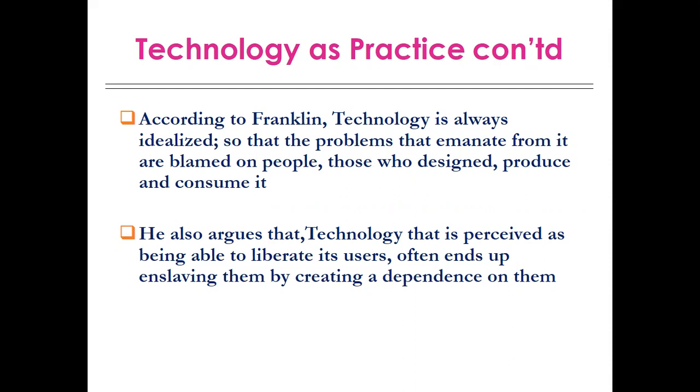Okay, and he also argues that technology that is perceived as being able to liberate its users often ends up enslaving them by creating a dependence on it. So he says that we create this technology and make it look like it is coming to liberate us, but slowly it actually enslaves us.